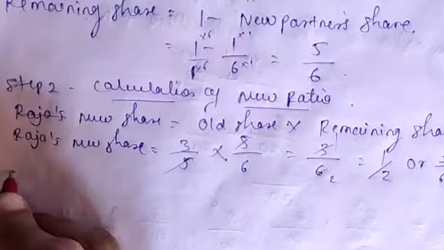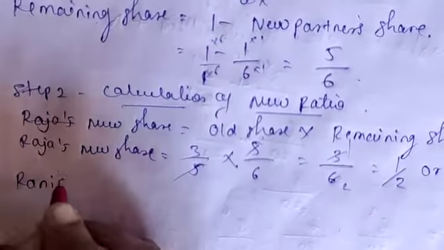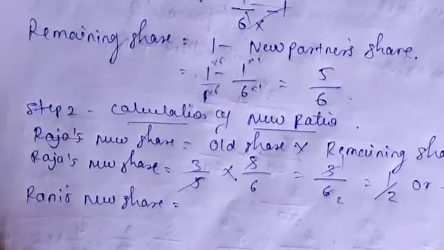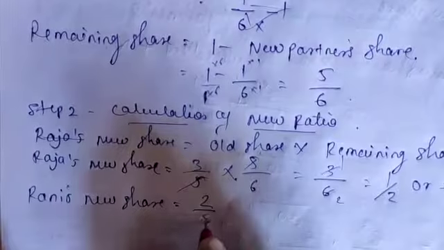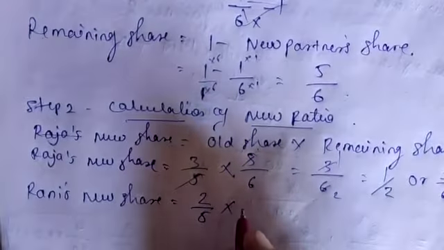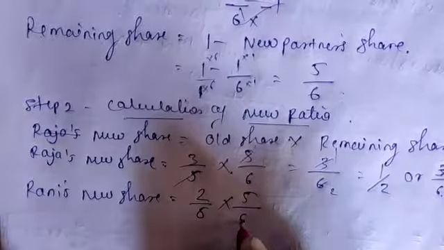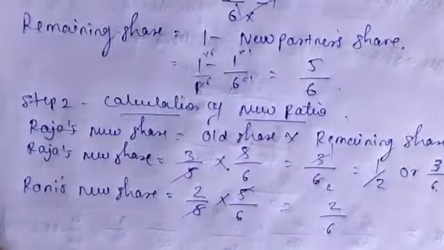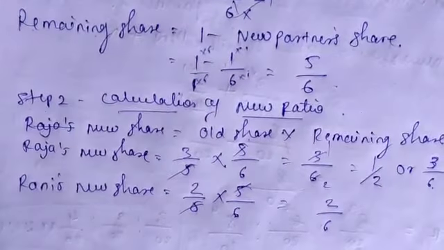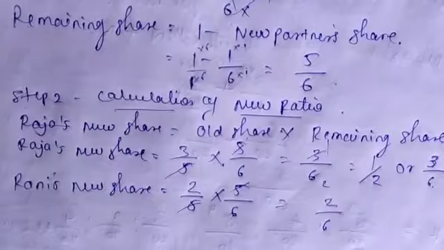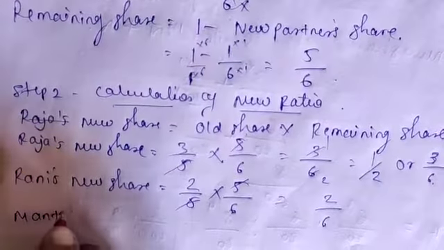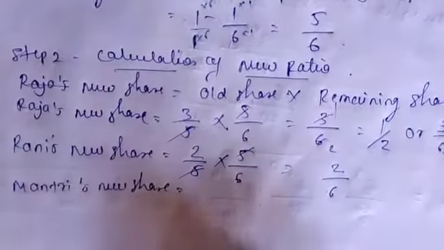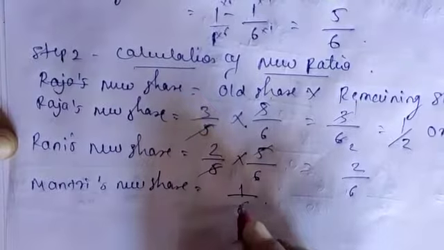Next, Rani's new share equals the old share of Rani, 2 divided by 5, and the remaining share is the same, 5 divided by 6. Here 5 cancels, and 2 divided by 6 is the new share of Rani. And the last partner, Mantri's new share. The given new partner share is 1/6, as it is put there.